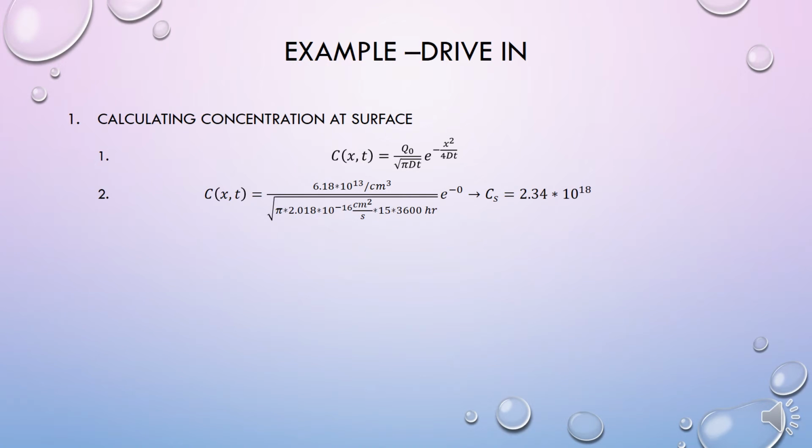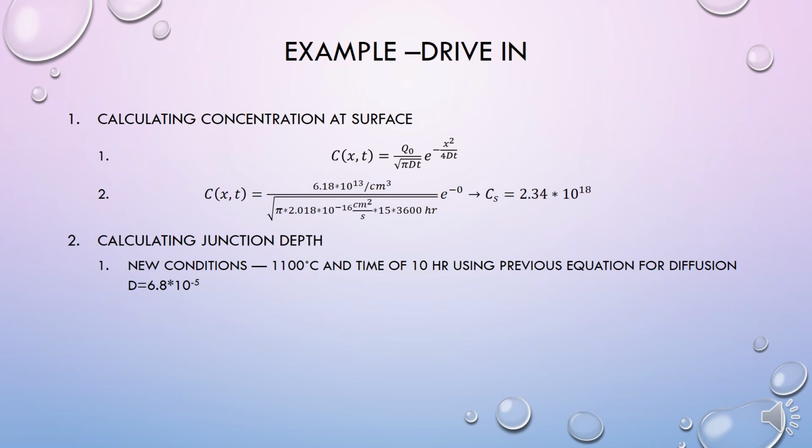Because we're looking for the concentration at the surface, our x term is 0, and our diffusion coefficient is the same as previously calculated, giving us a surface concentration of 2.34 times 10 to the 18th. Now to calculate the junction depth, we need to use our new conditions, which is 1100 degrees Celsius and for a much greater time of 10 hours.